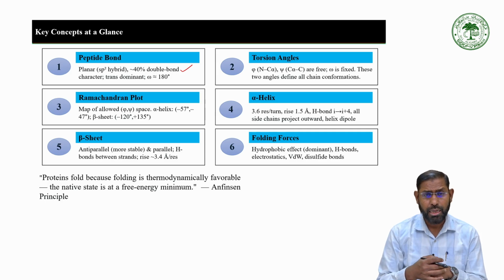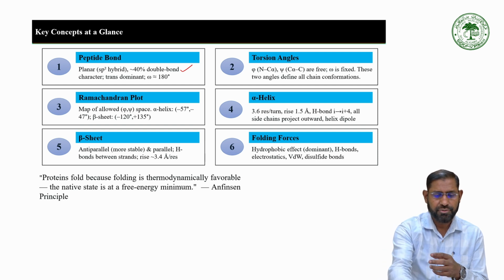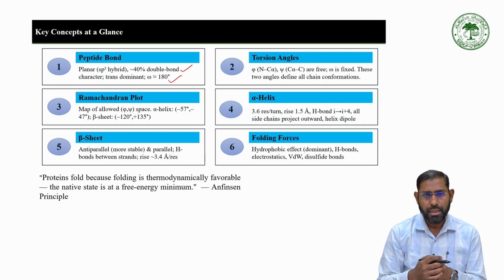It is mainly in the trans dominant structure, and the angle is 180 degrees. Cis is very rare because of steric hindrance.